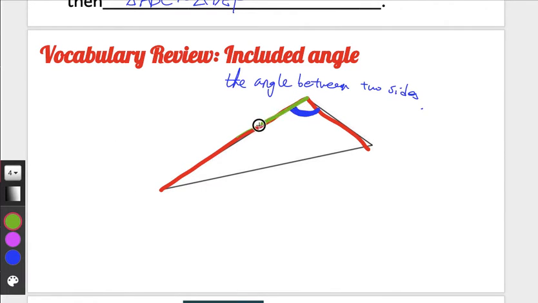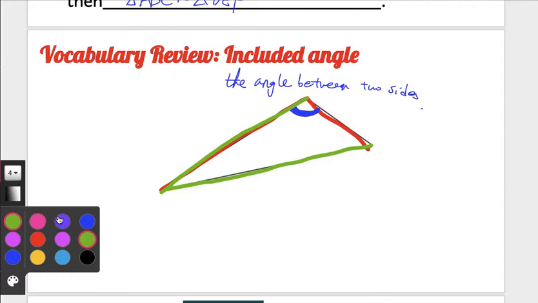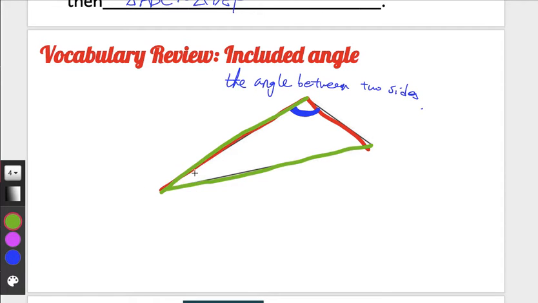This time I'm not talking about the red one. I want you to focus now on the green one. As you can see, the green side is talking about this included angle. That's a different perspective. So remember, there's no fixed position for included angle. When you change the sides you are talking about, then you are talking about different included angles. So please pay special attention to that position.